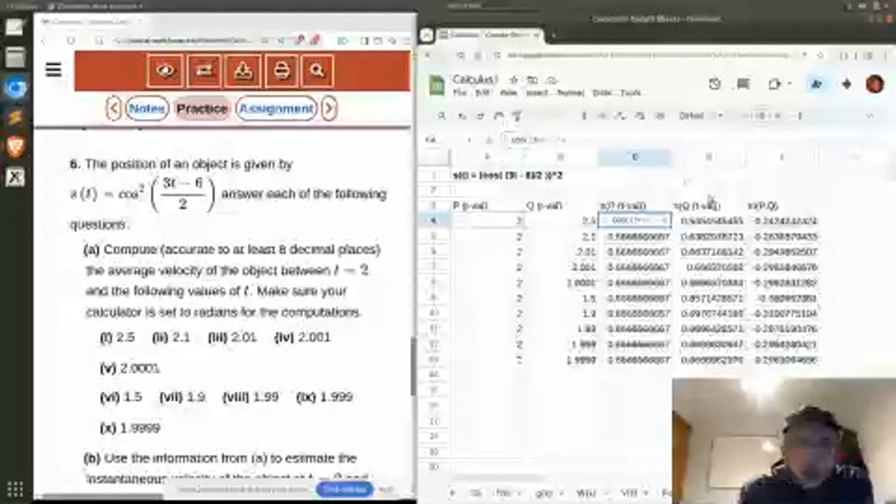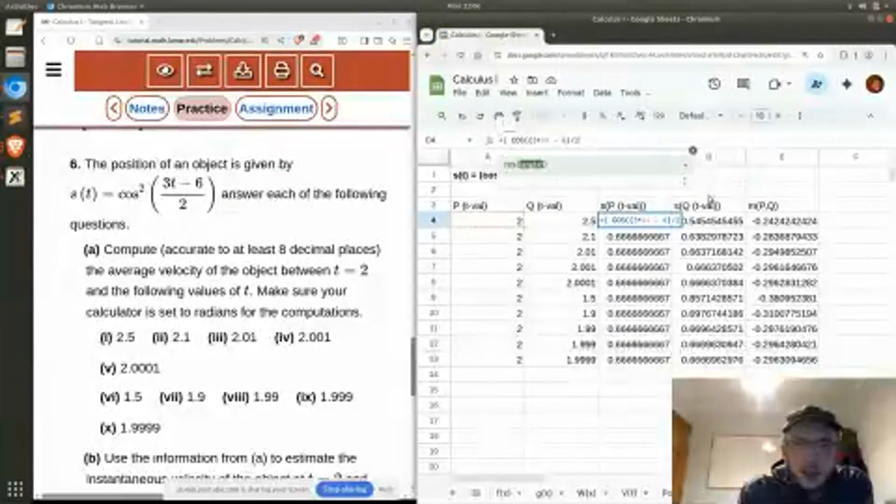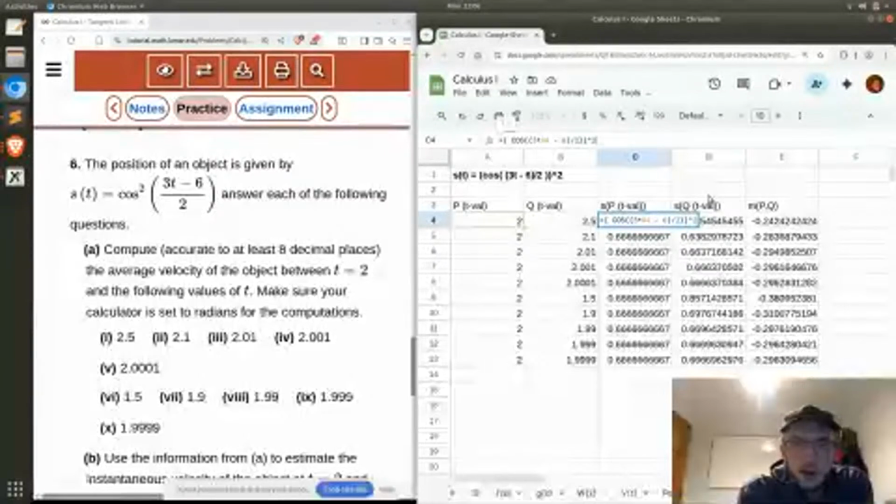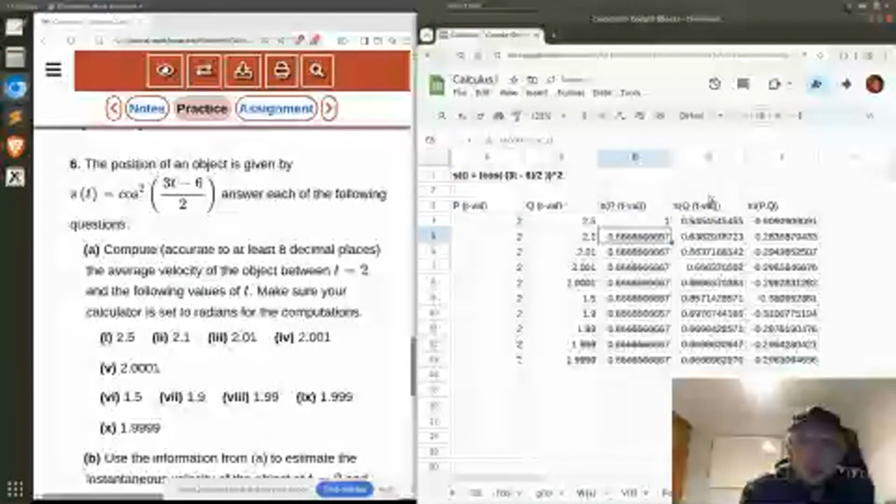We've got to bracket that numerator. Divide it all by the denominator. And then we close off the cosine function. And then we close off that. And then we have to square it. And we see if it's capable of doing that. And it seems to be fine.